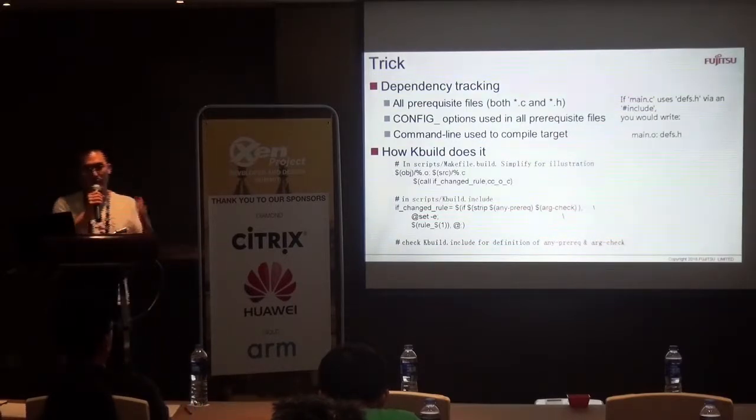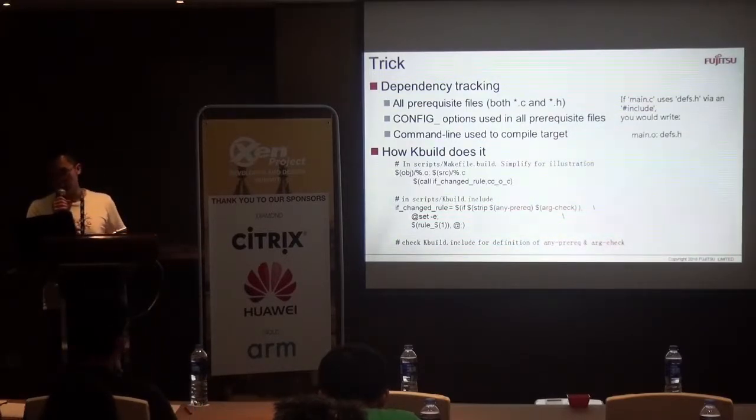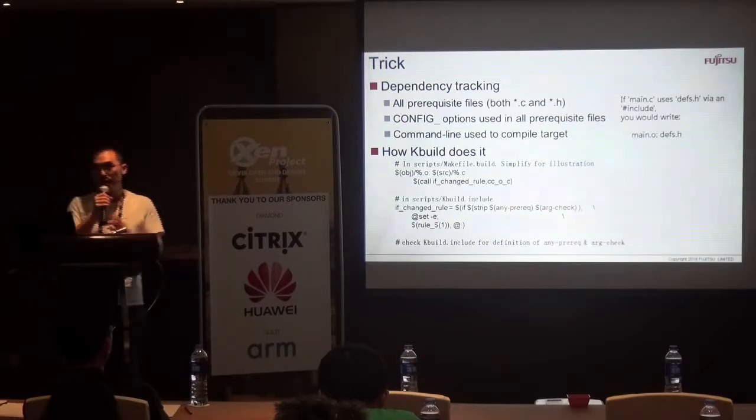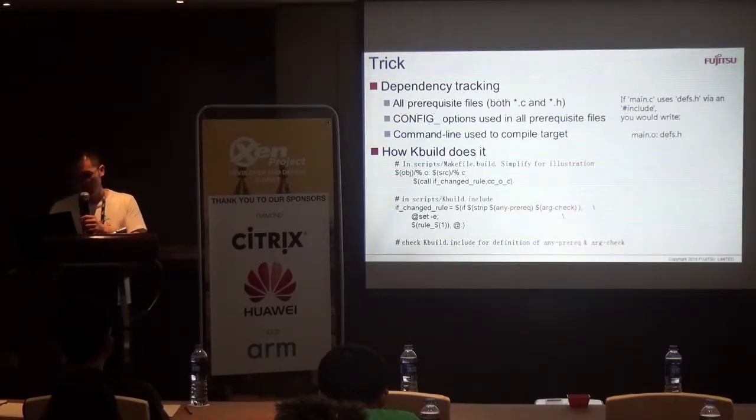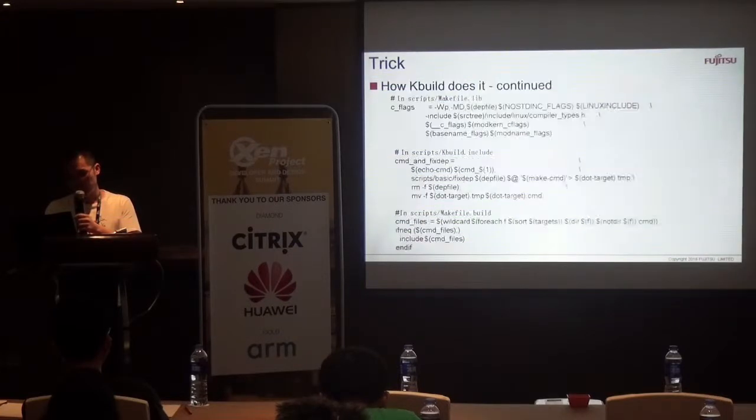The last one is command line tracking. It means if the command line for one target is changed, the target should be updated again. Also, I will skip the details here because of the time.